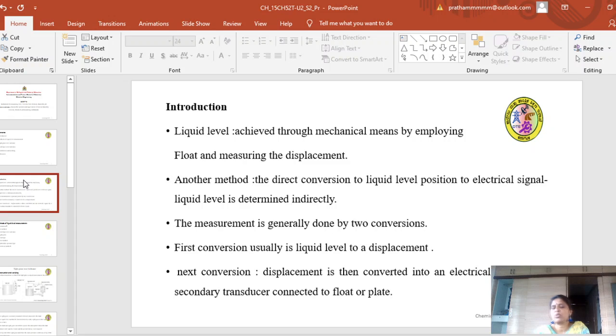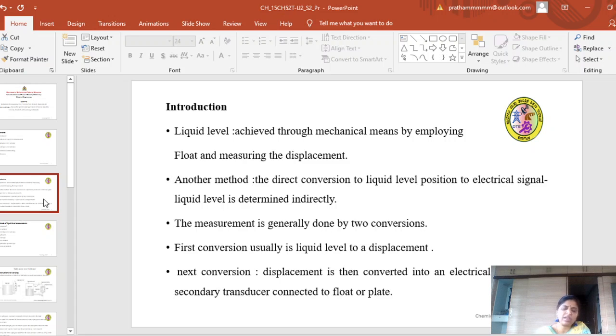Transducers, in a sense, convert one form of energy to another form of energy. So the electrical signal is obtained by secondary transducers connected to a float or a plate. This is the one conversion: liquid level to displacement. Then in the next conversion, the liquid level displacement is again converted into an electrical signal by a secondary transducer connected to the float or the plate.